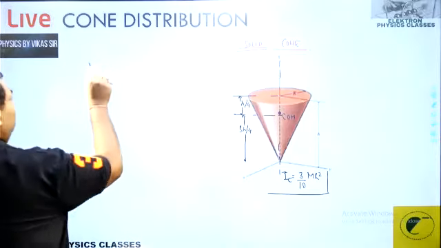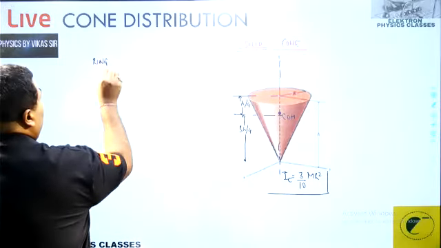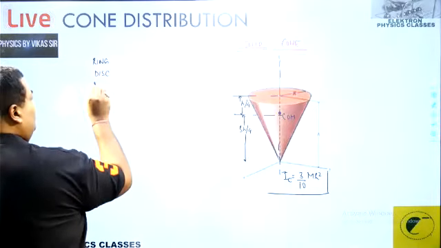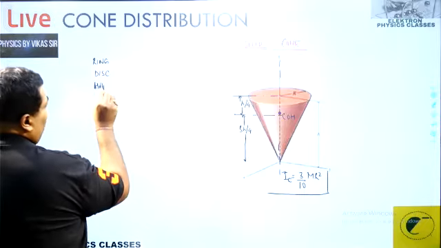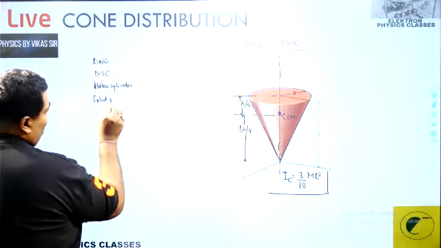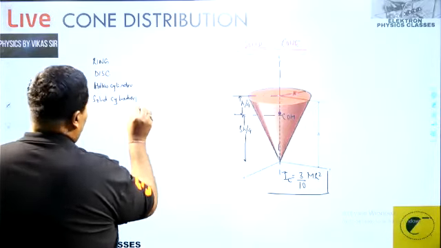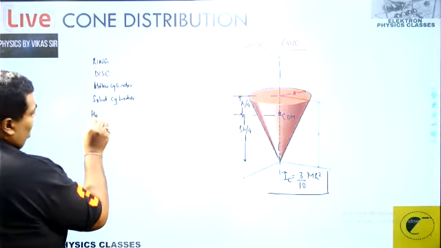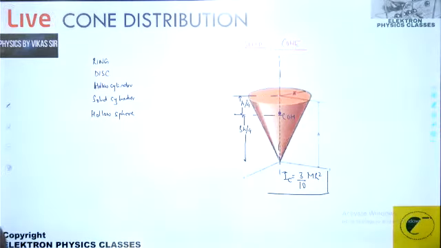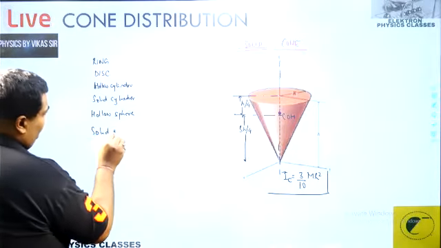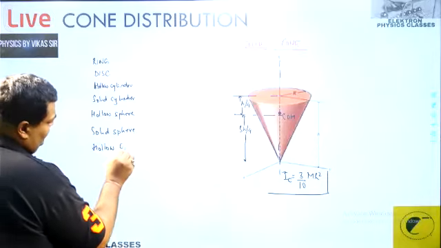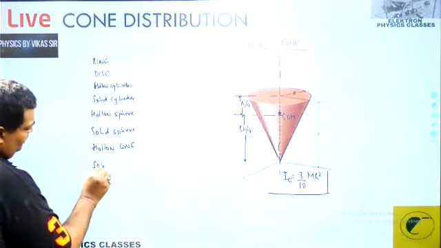For the case of a ring, a disk, a hollow cylinder, which means a cylindrical shell, then a solid cylinder, then a hollow sphere, so a thin spherical shell, and then the solid sphere, and then the hollow cone, which we have just revised, and then the solid cone.